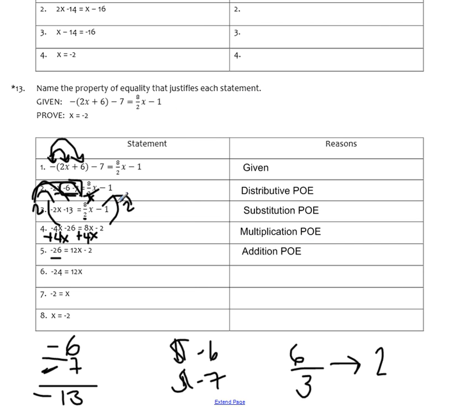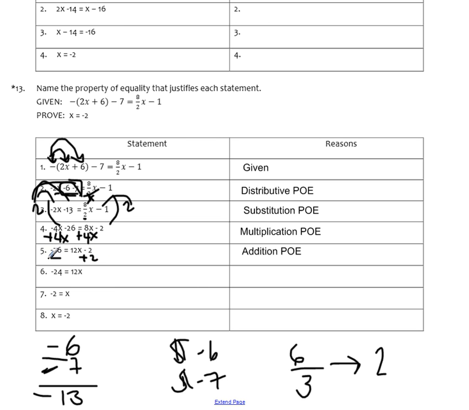Okay. Whew, this is a long one. Step 5 to step 6. The negative 26 has gotten bigger. It's negative 24 now. The 12x stayed the same. So we're not dealing with multiplication or division. We're either dealing with addition or subtraction. And the negative 2 is gone. So how do we get rid of, or how do we undo that negative 2? How do we find its zero pair?